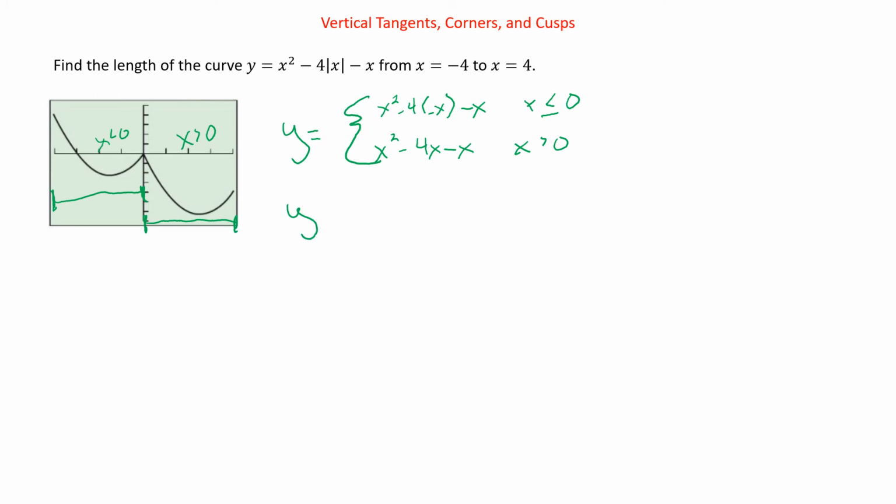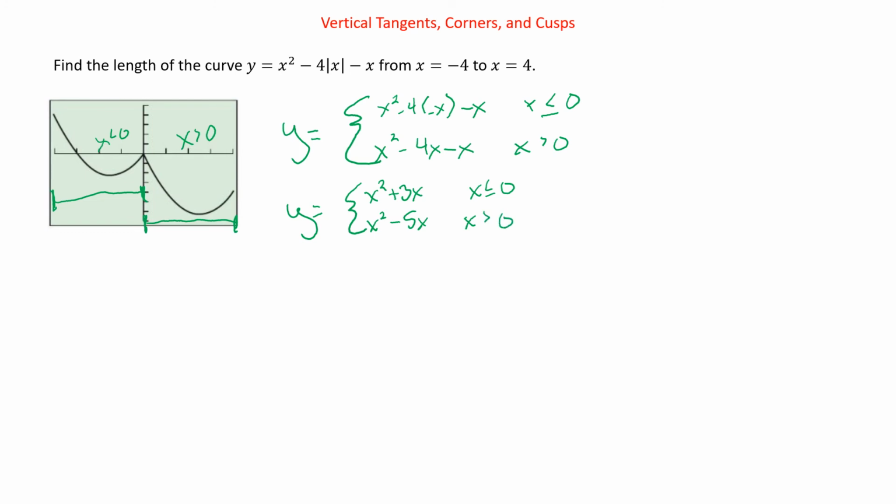We can simplify these a little bit. Negative 4 times negative x is plus 4x, minus x, is x squared plus 3x for x is less than or equal to 0. And then negative 4x minus x is minus 5x when x is greater than 0. We would find the derivative.